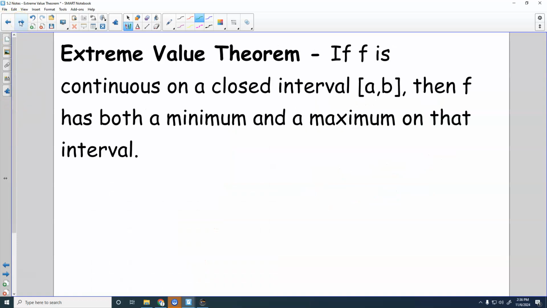Okay, so here's the extreme value theorem. If f is continuous on a closed interval from a to b, then f has both a minimum and a maximum on that interval. And I really should have put absolute right there.